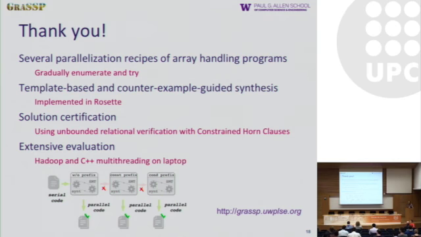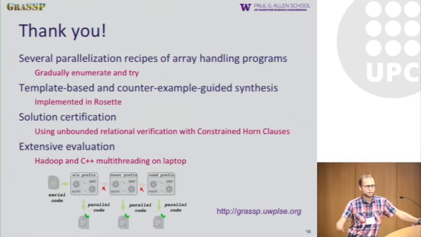Did you find programs that this synthesis approach doesn't work for, and could you characterize the classes of programs it is not appropriate for? Sure. There are many programs that require several passes over the same array, for instance.